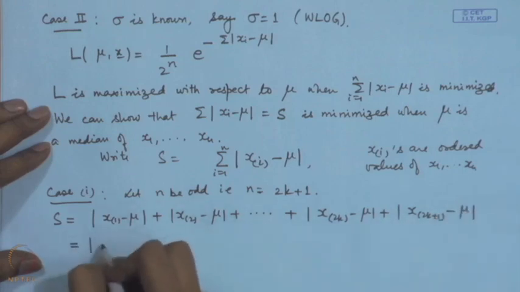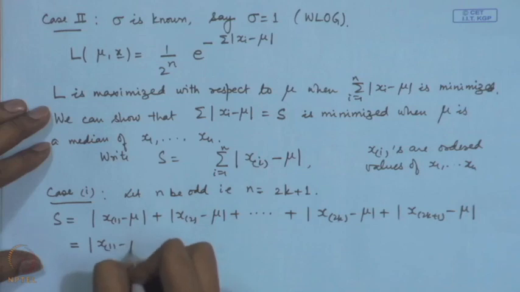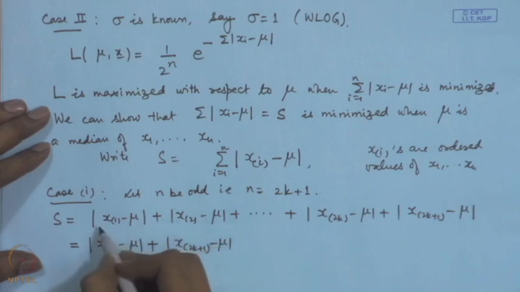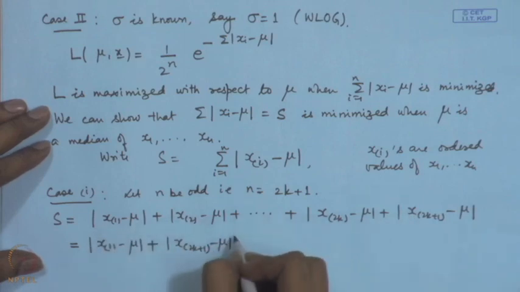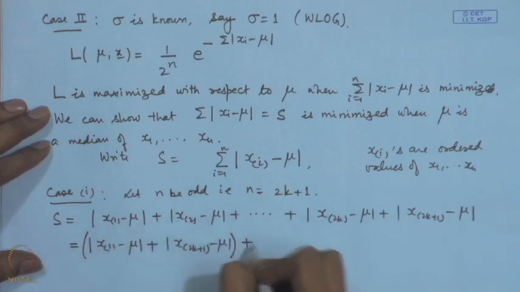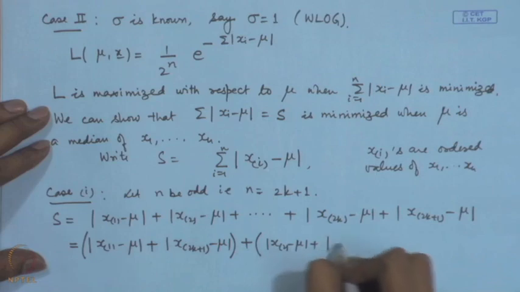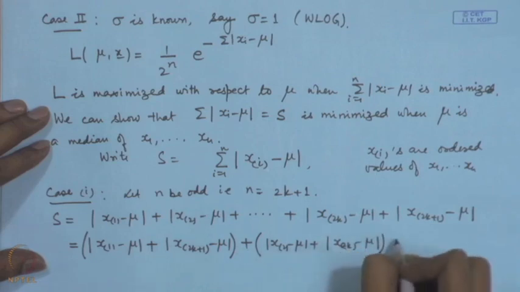This we express as x_1 minus mu plus x_2k+1 minus mu. That means, I have taken the first term and the last term. Then I take the second term and the second last term, x_2 minus mu and x_2k minus mu, and so on.